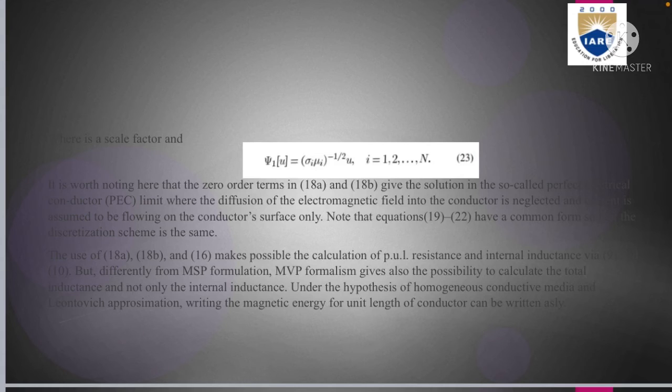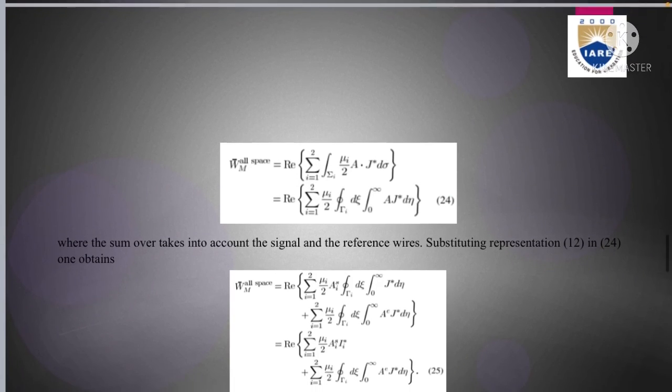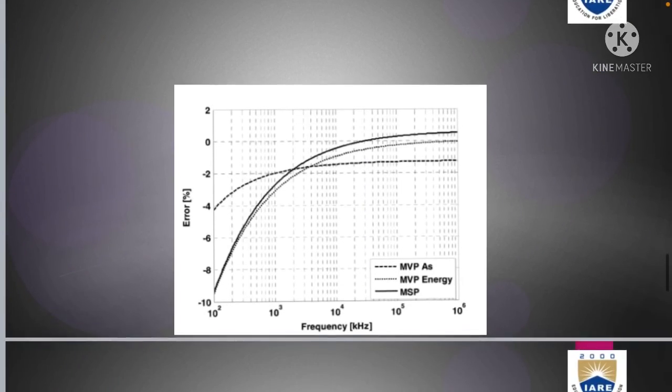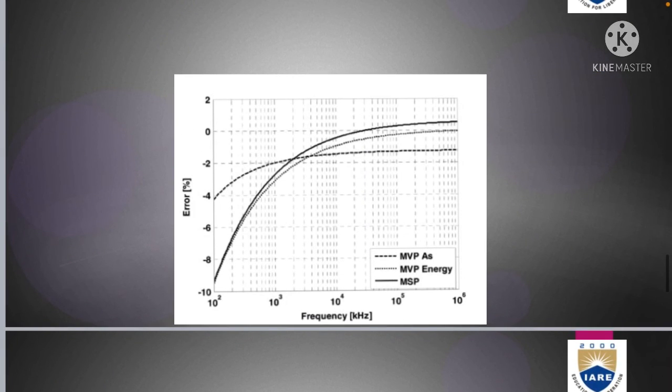Note that equations 19 to 22 have a common form, so the discretization scheme is the same. And in the equation where the sum takes into account the signal and the reference wire, substituting the representation 12 in 24, one obtains the following.